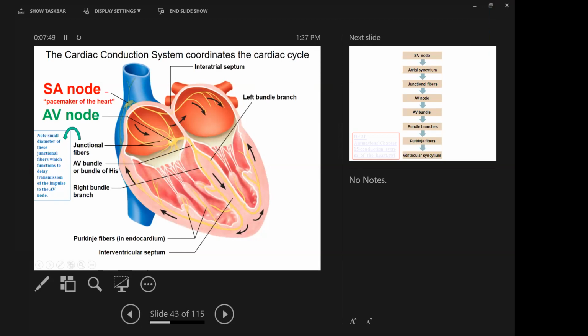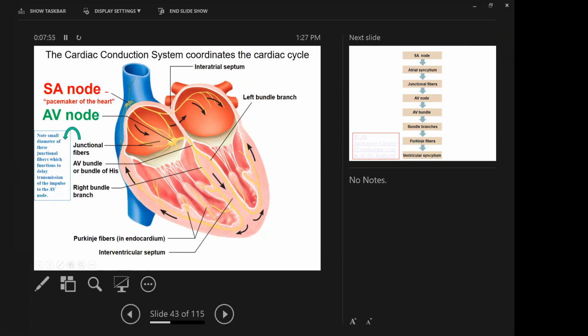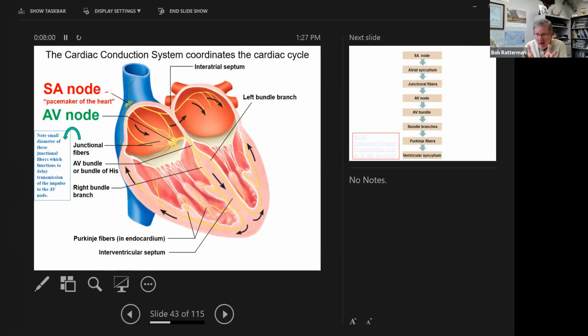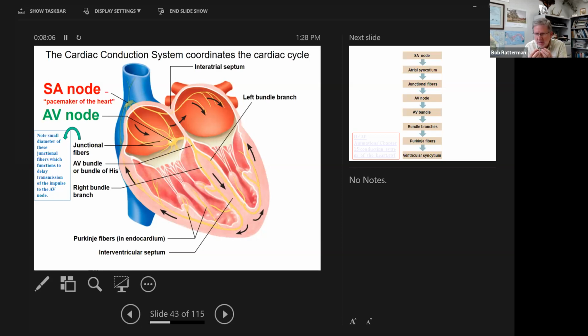So do you now understand why we had to delay the signal here just a little bit? It gives the time for the ventricles to relax before they immediately do what? Fill up again. Well, they're going to fill up as they relax, but they're going to contract right afterwards.